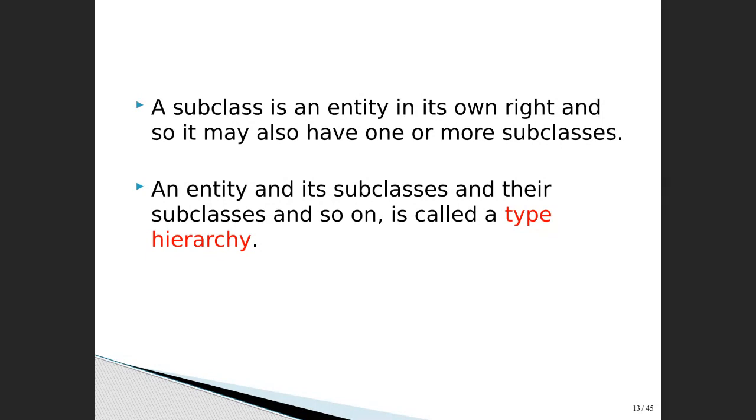So as we said, what is a subclass? It's an entity in its own right. And it may also have one or more subclasses. Also, the subclass might have more subclasses. And this is something we call type hierarchy. It means that a subclass and all their subclasses can share some characteristics together.